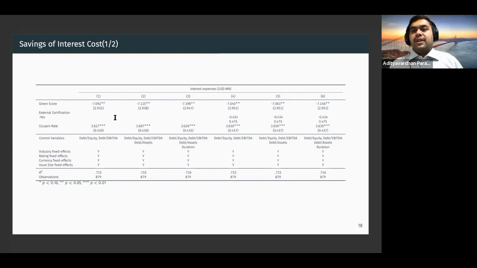To remove that effect, we have included entity level variables like the debt equity ratio or the debt EBITDA ratio, and tried to find out how green score impacts interest expenses. In all these specifications, we find that the interest cost reduces as green score increases. Next slide, please.